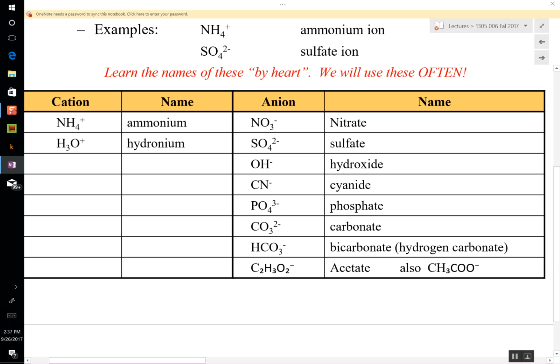Keep sulfide separate from sulfate. Really do learn what they are. Let's leave that one up there. Write the formula for aluminum, look at that, did it? Ammonium sulfate. Ammonium sulfate.